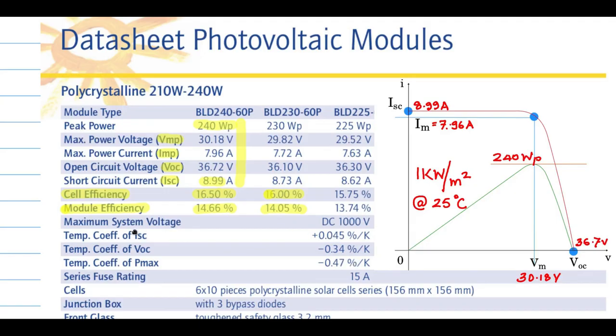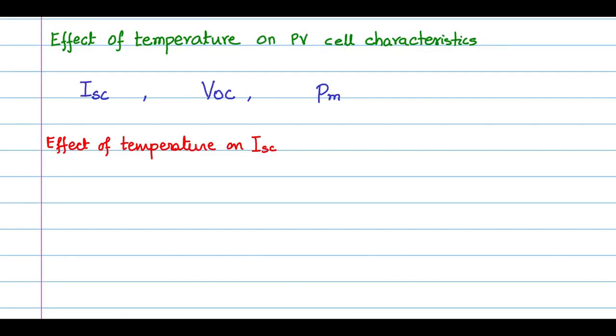So let us study a bit on how these temperature coefficients come about and what is their relationship with respect to temperature. With regard to ISC, we have seen in an earlier clip that ISC is approximately equal to the photocurrent IP, and the photocurrent is directly proportional to the insolation.